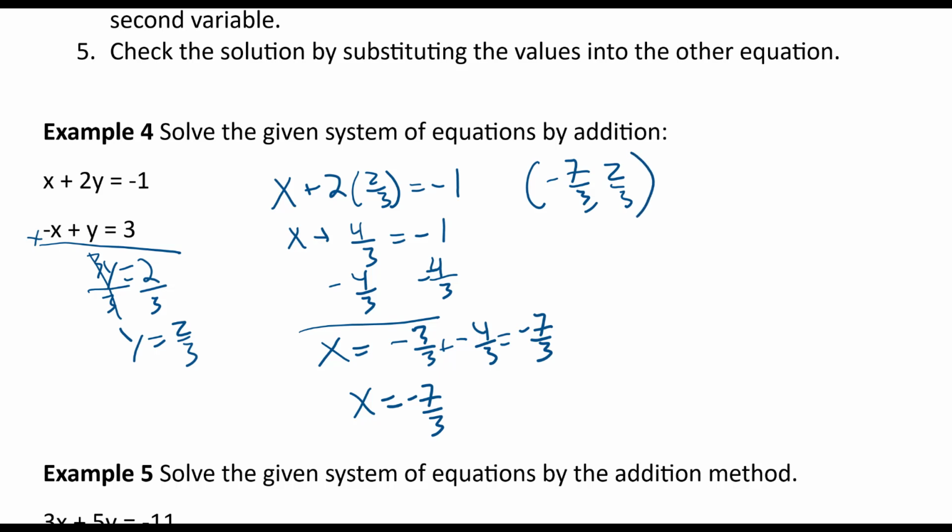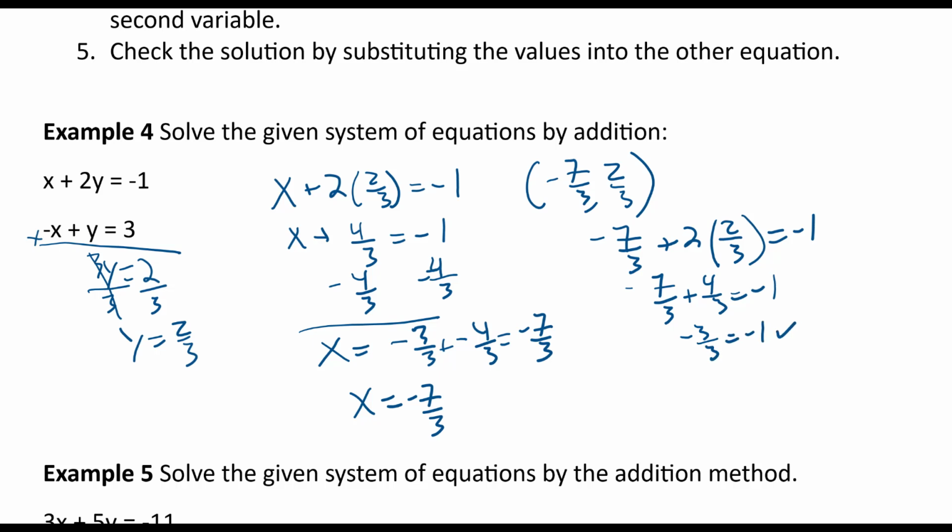We can check that. We have -7/3 plus 2 times 2/3. Is that going to be -1? -7/3 plus 4/3 is -3/3, which is -1. That works.